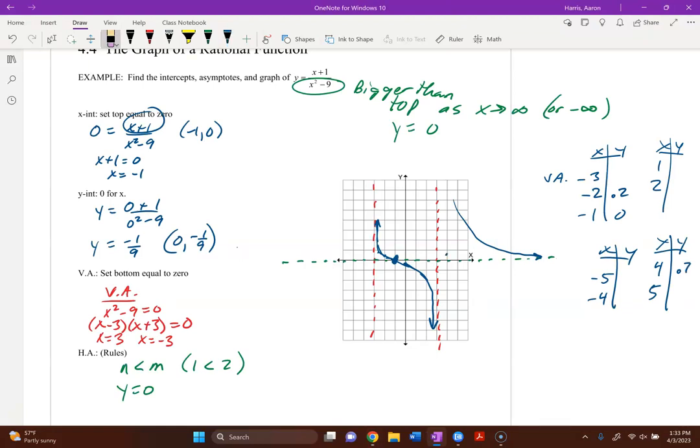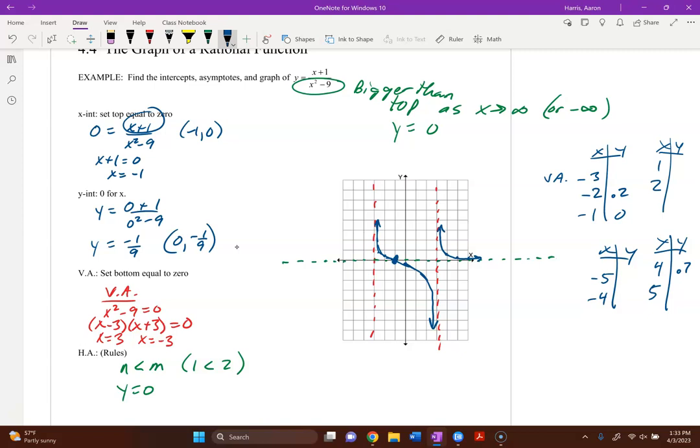So I'm pretty off on this. As you go out, though, this is going to get even closer to 0. So it'll be a little lower and then a little lower. As you go that way, it's going to shoot you up. So you could put in 3.5, something even closer to 3, like maybe 3.2, and you'll see that y value is pretty high, right?